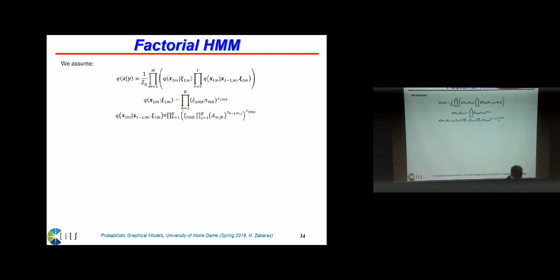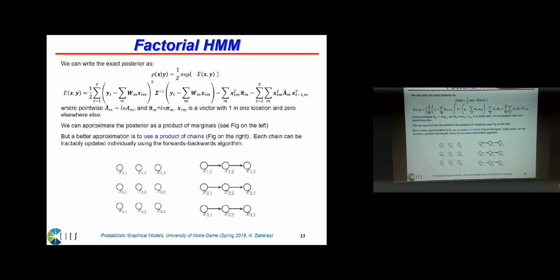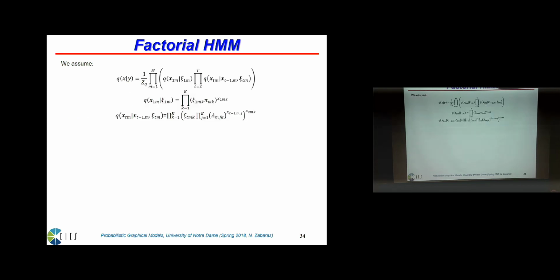This is the only place that allows me to introduce local evidence in the model. So in essence, we're going to do a variational approximation, getting rid of this coupling here. So this will be a variable that accounts for the effect of all the other chains on chain m. We have no idea what Xi_tmk is, so we're going to have to compute it.